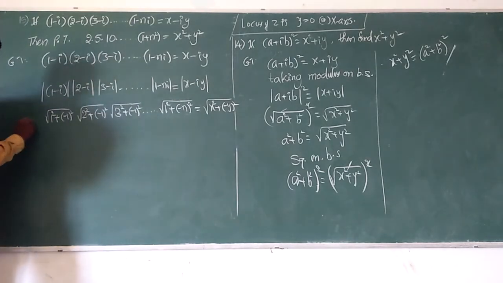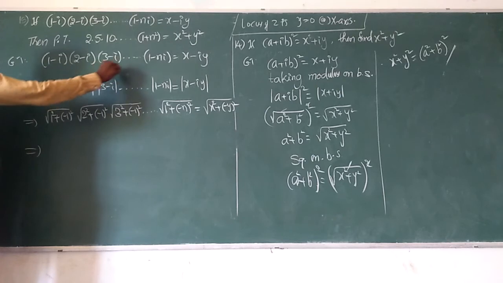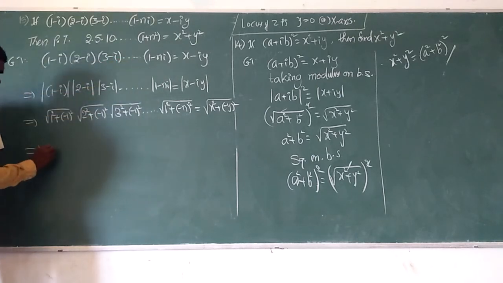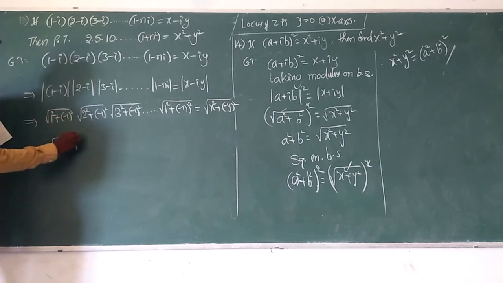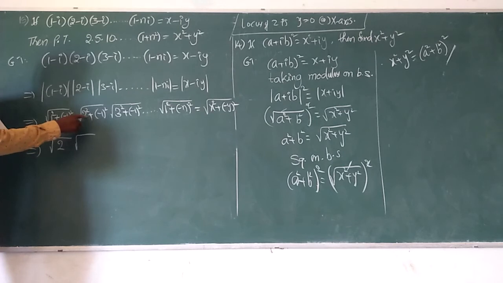Okay now? So implies, taking modulus on both sides. So root of 1 square means 1, minus 1 square means 1, 1 plus 1 is 2. Into root of 2 square means 4, minus 1 square means 1, 4 plus 1 is 5.